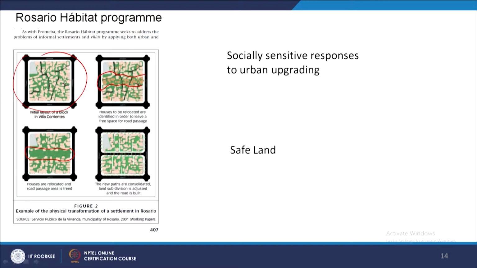Then they started making new paths, the land subdivision was adjusted and the road was built. In that way, without disturbing much of the habitat, a few households were recognized so that roads and basic services could be laid out in order to meet the planned process and the requirements.